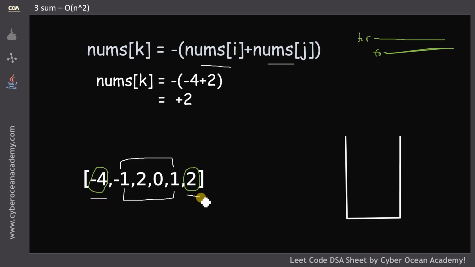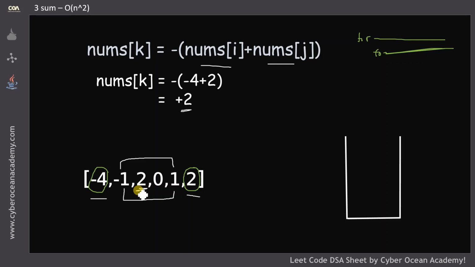So the fourth step is that we have to search whether any element between them is our third number. So suppose somehow we find that any value between them is our third number. Here this is +2, this +2 is our third number. So this 2 is between these first two elements, -4 and 2.